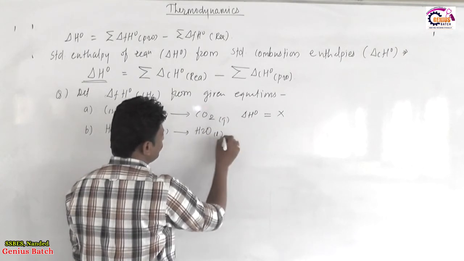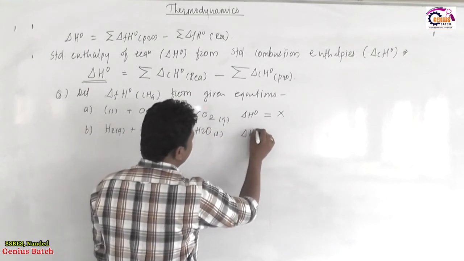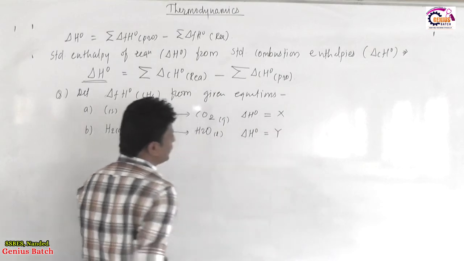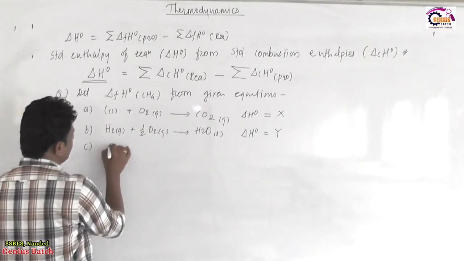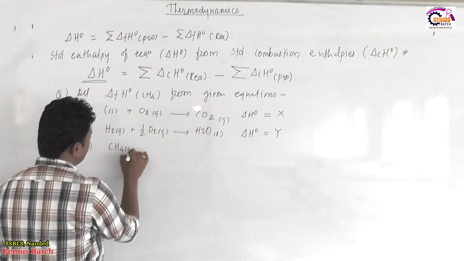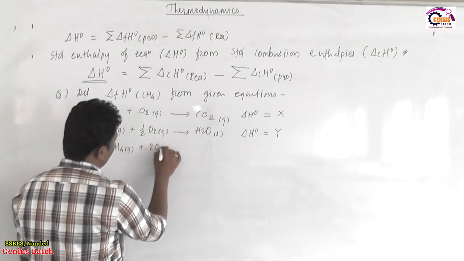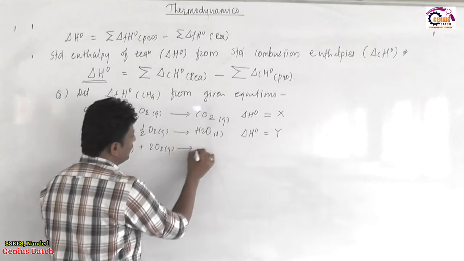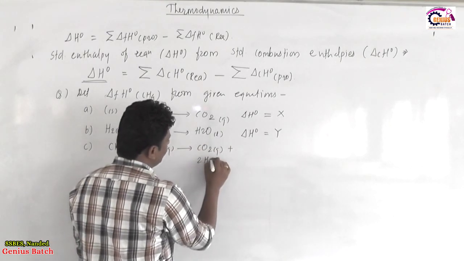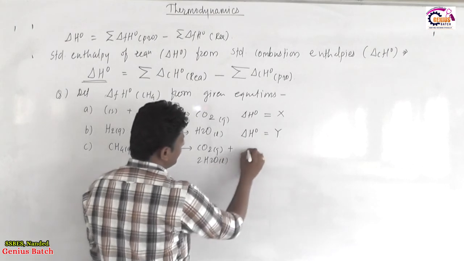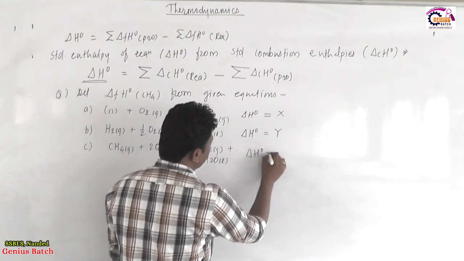Standard enthalpy change for second equation is Y. And third is CH4 gas plus 2O2 gas converted to CO2 gas plus 2H2O liquid, and enthalpy change for third equation is Z.